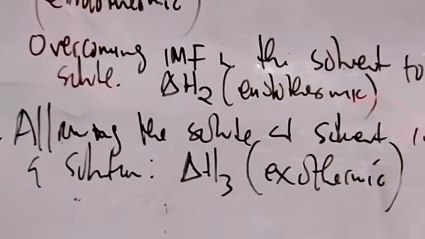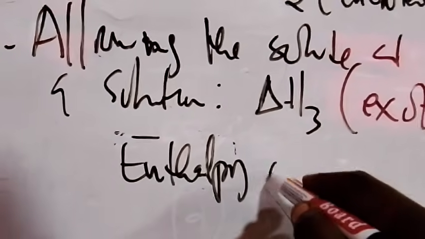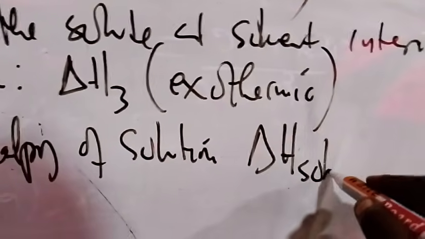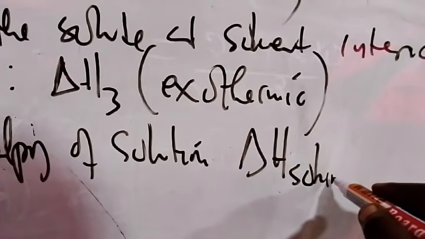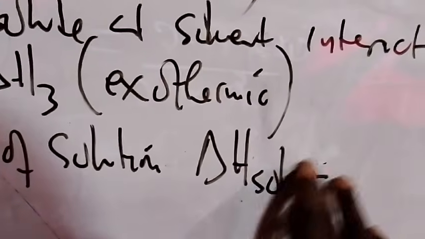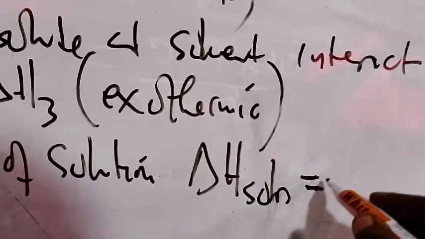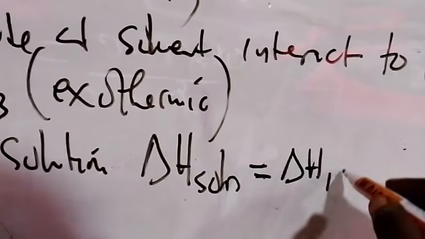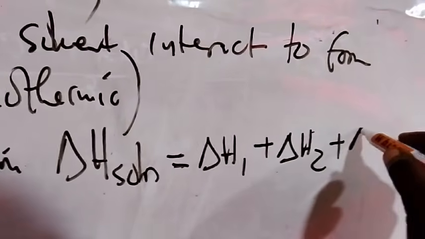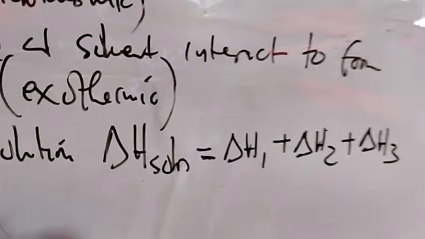So the enthalpy of solution, delta H solution, is equal to delta H1 plus delta H2 plus delta H3.